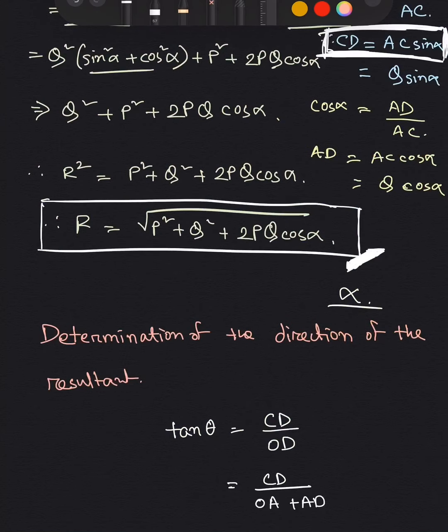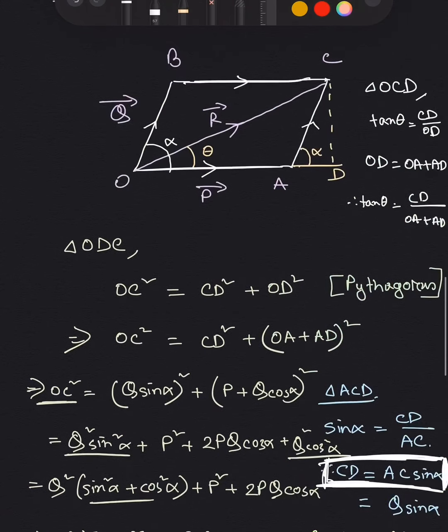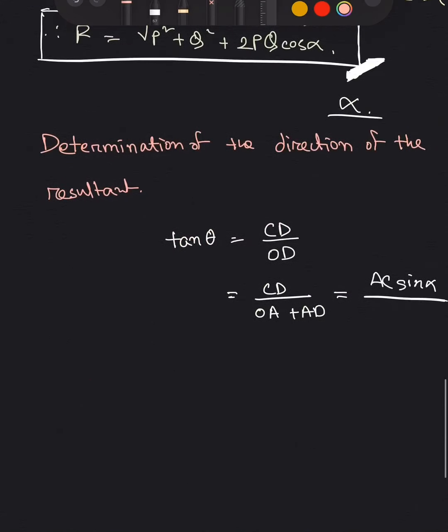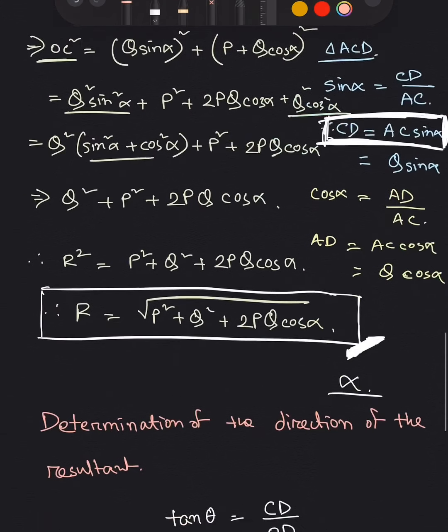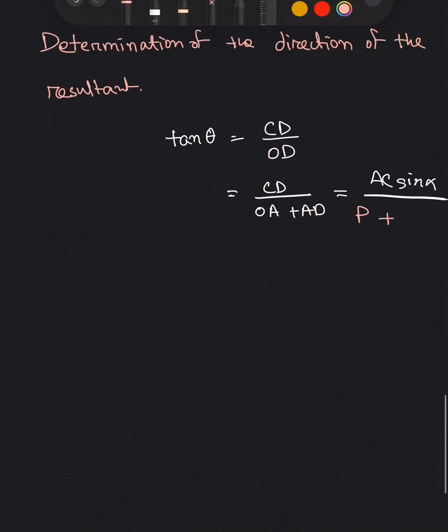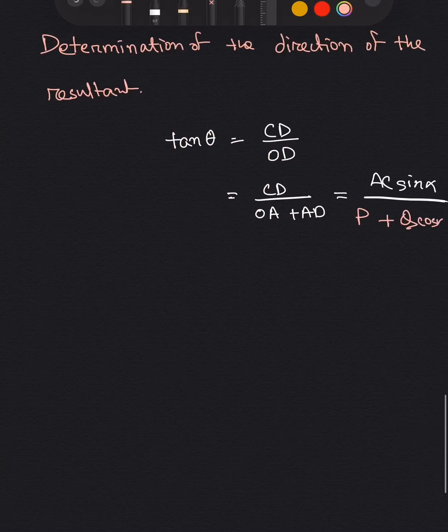CD is denoted by AC sine alpha. We put the value of CD, AC sine alpha. And OA is denoted by the P vector, P plus, and AD is denoted by Q cos alpha.